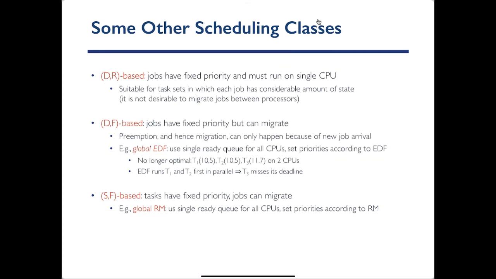Let's look at DR. So DR means the priorities are dynamic. So each job gets its own priority. And you have restricted migrations, meaning that you can assign each job to a certain CPU.